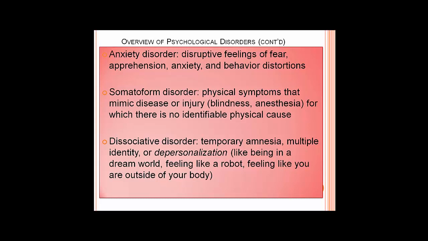Then there are dissociative disorders, and these include temporary amnesia, multiple identity. The old multiple personality disorder falls under dissociative disorder, although we call it multiple identity now. Depersonalization, like being in a dream world or feeling like you're not yourself, like you're in a robot or outside your body or something. And these can be quite severe.